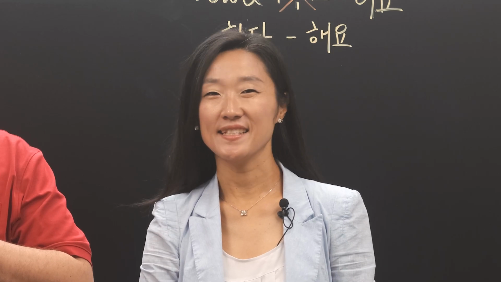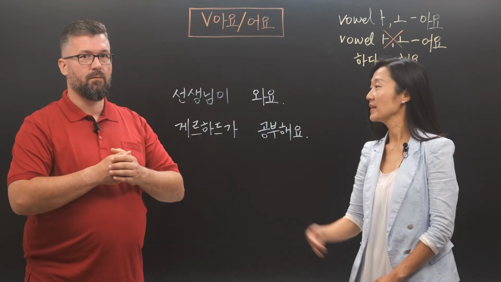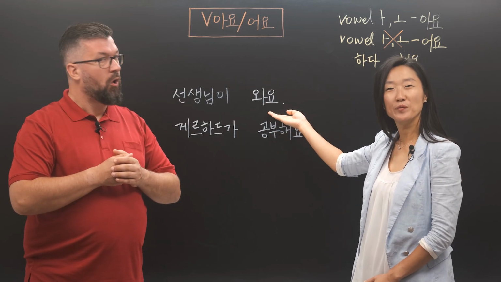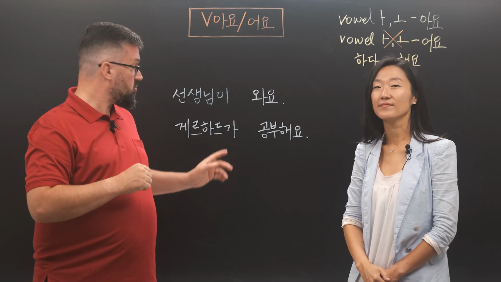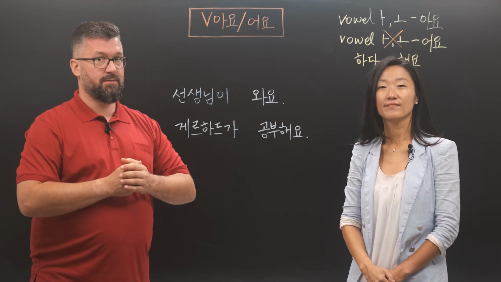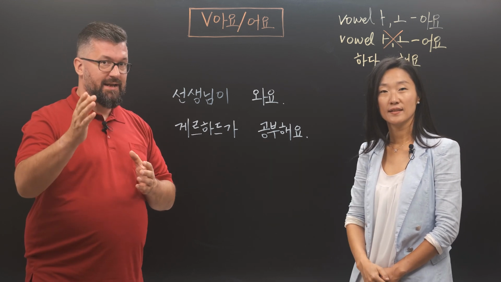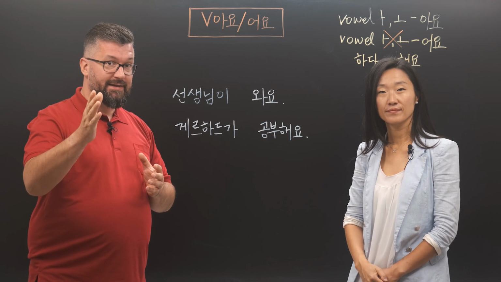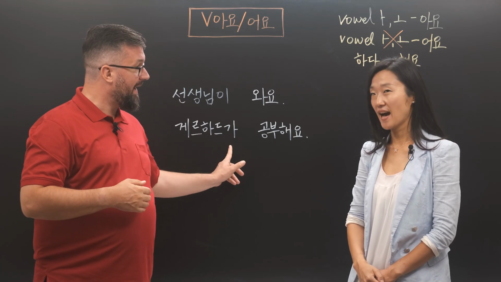Let's make sentences. As you know, the verb is always at the end of the sentence. 선생님이 와요. The teacher comes. 선생님 ends with a consonant, so we add the subject particle 이. 게르하드가 공부해요. Gerhard studies. Gerhard ends with a vowel, so we add the subject particle 가.